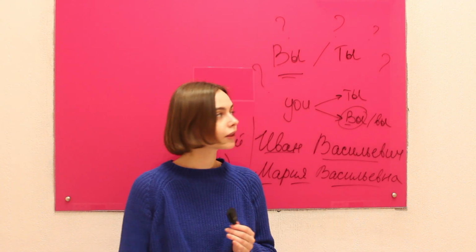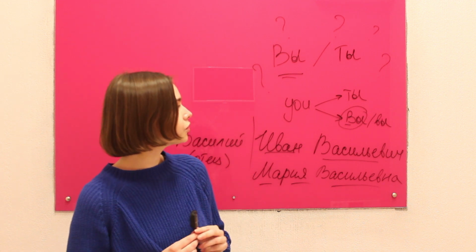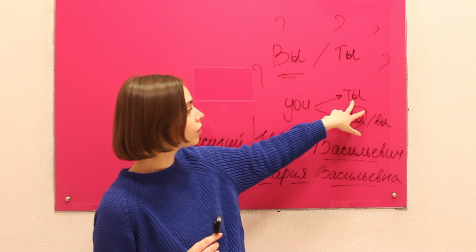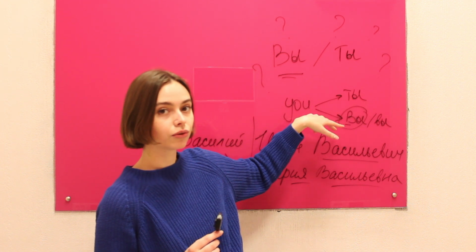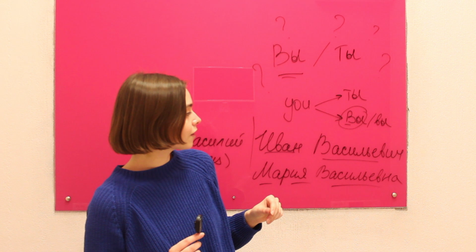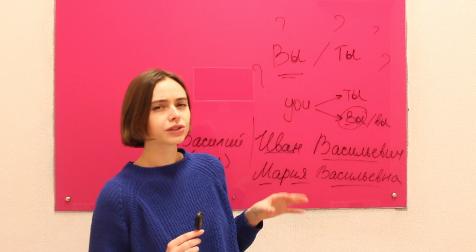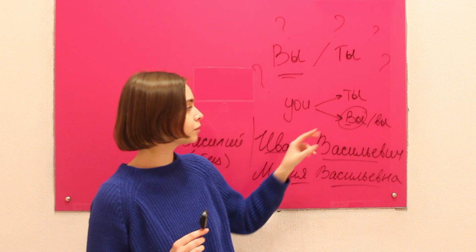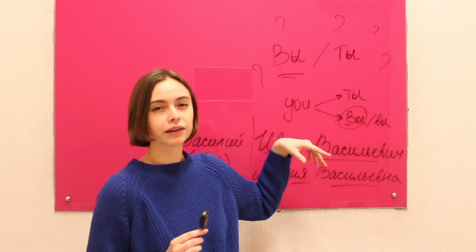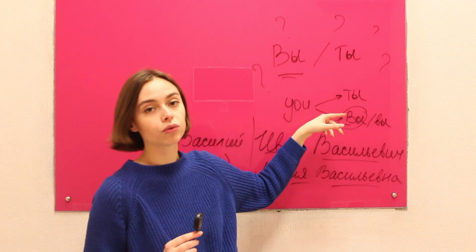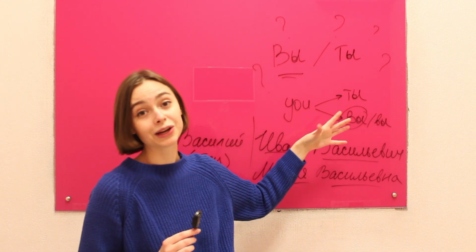To sum it up, in Russia we use two different forms when we address people. The friendly form, ты, and the polite form, вы. To make your life easier, you should always address the people you don't know with the polite form, вы. And then through time, you can either move to the friendly form or just stay with the polite one.